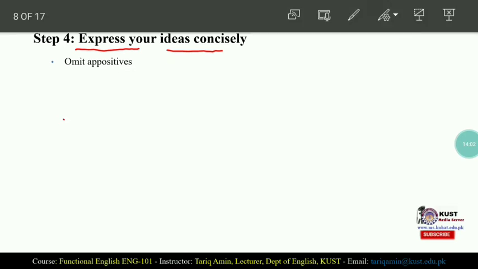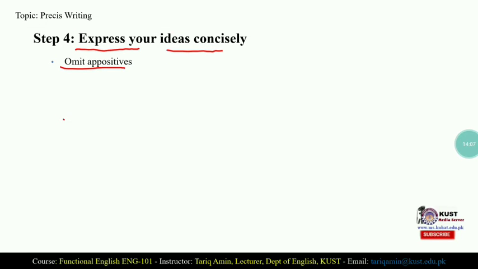The very first point is omit appositives. Now what are appositives? You should know what appositives are. Let me clear it with the help of an example. When you say Dr. Shujat Ali, after that you put a comma and you say the head of the Department of English. After that you put a comma, and after the comma you write is a good person.